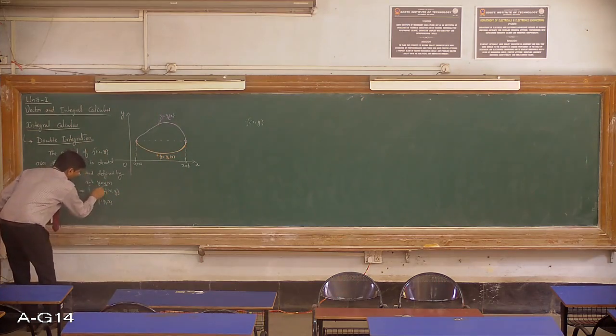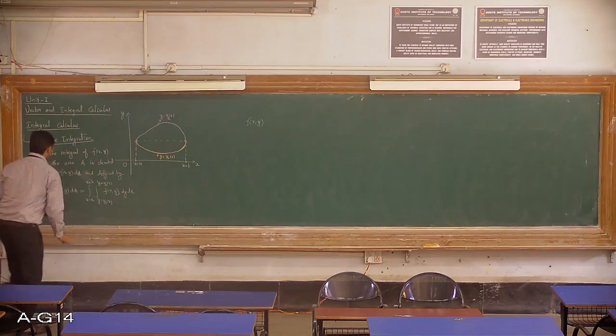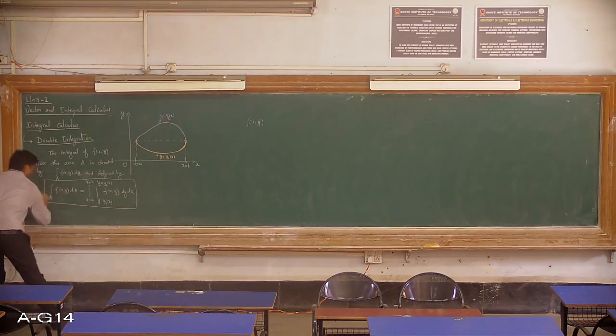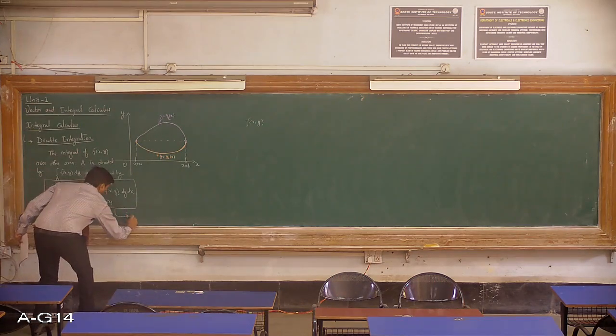The second integration is with respect to y, so first you write dy, and here you write dx. So this we can call double integration, equation number 1.